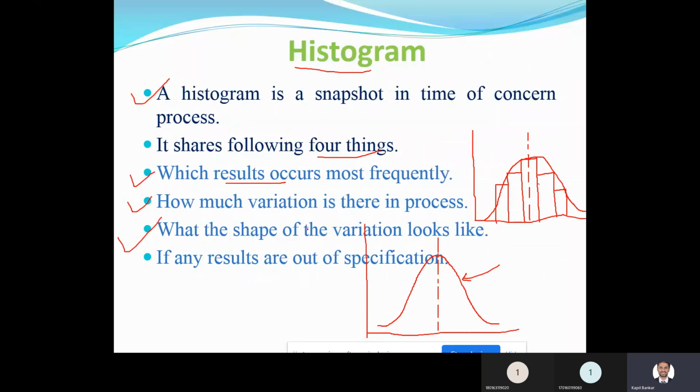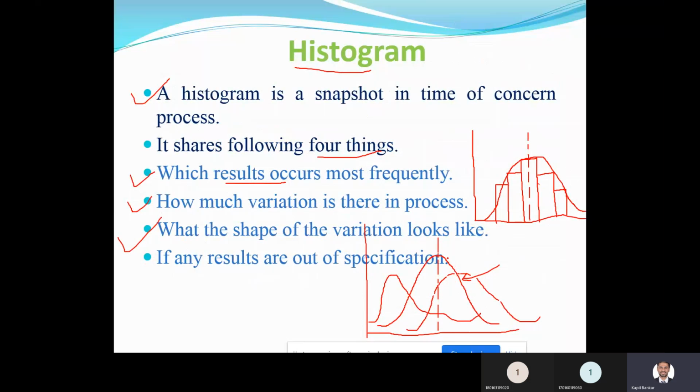From this histogram you can get information on whether the data is normal, skewed towards the left side, or skewed toward the right side. Suppose some data has a shape like this, or some data has a shape like this.